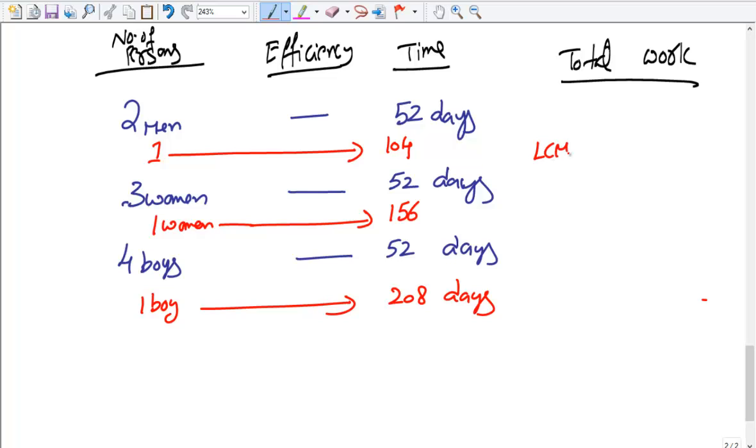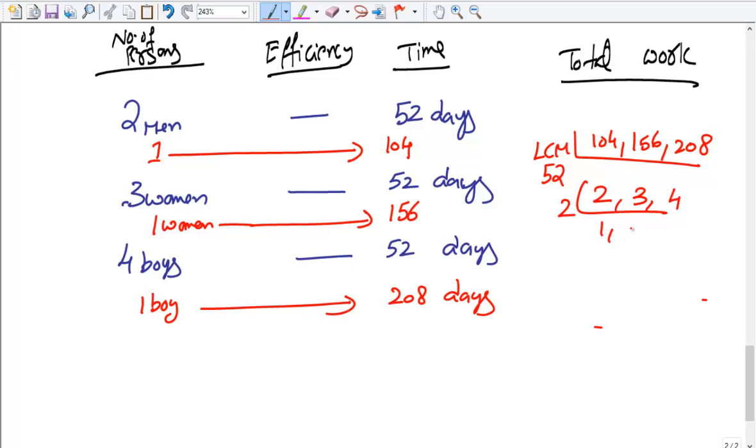So the LCM of 104, 156 and 208 must be simple. That's 52 times 2, 3 and 4, so that is 52 × 12 units. Do not try to find the value of 52 × 12.